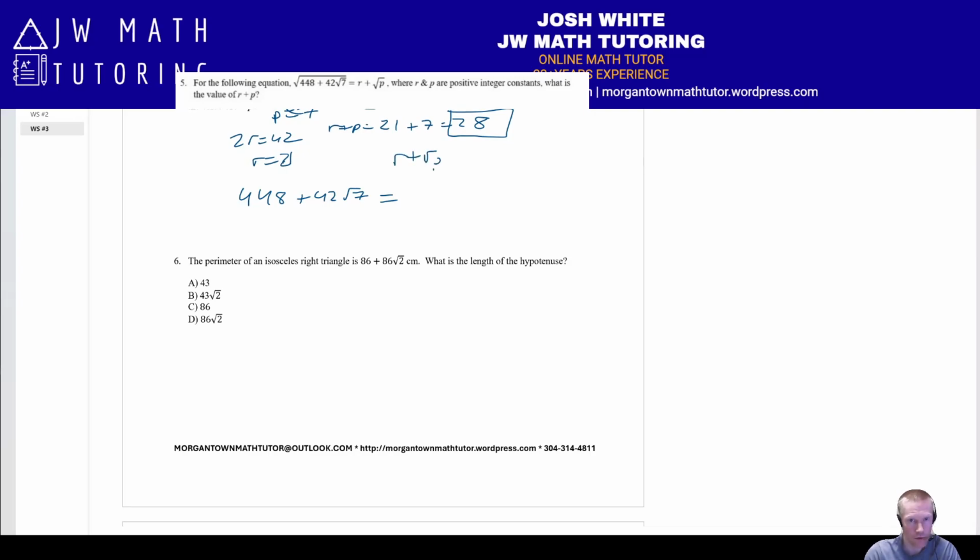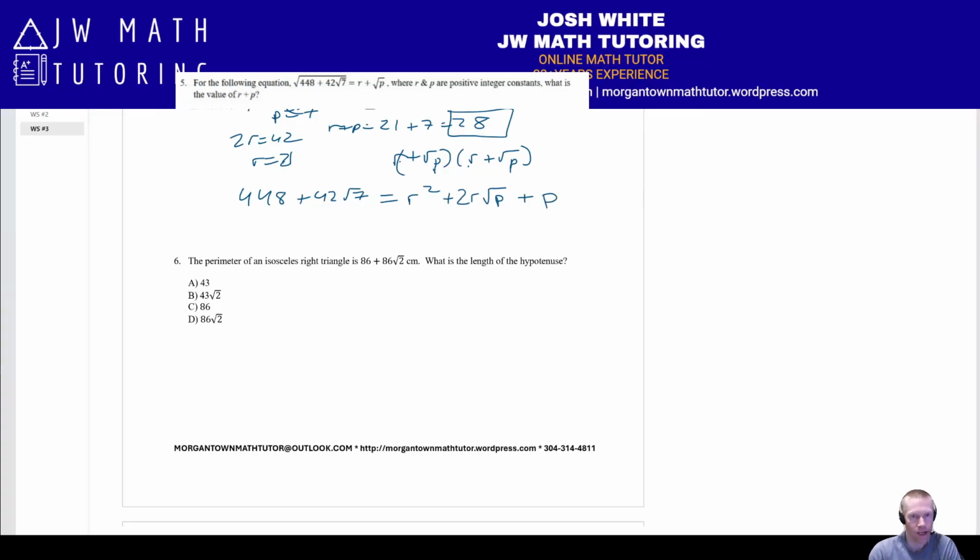So it's r plus root p times r plus root p. R times r is r squared. The inner and outer terms are the same. They're both r root p, and so when you combine them, you get 2 of them. And then root p times root p is just p.